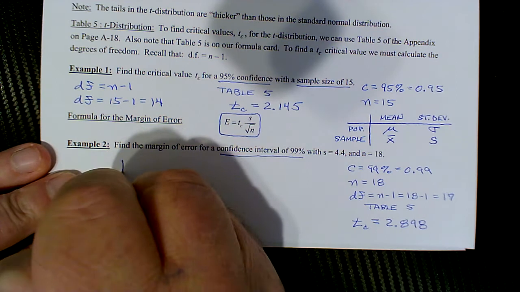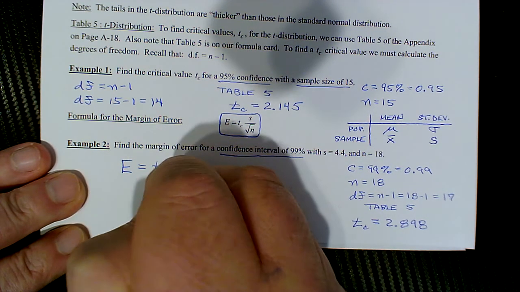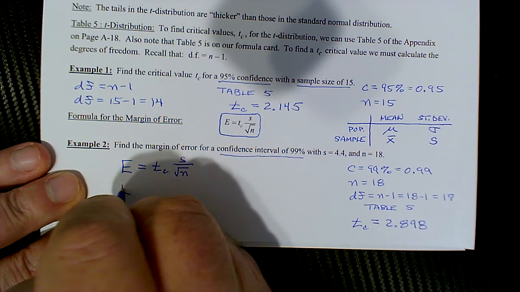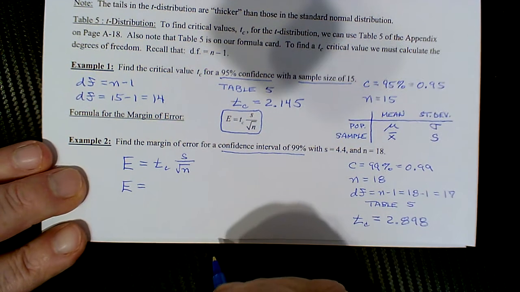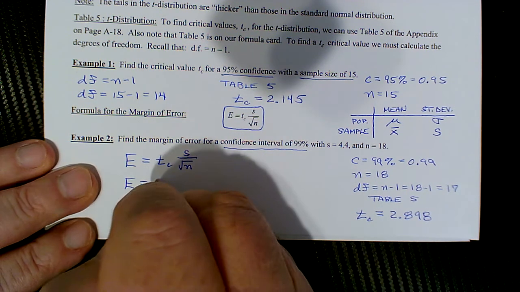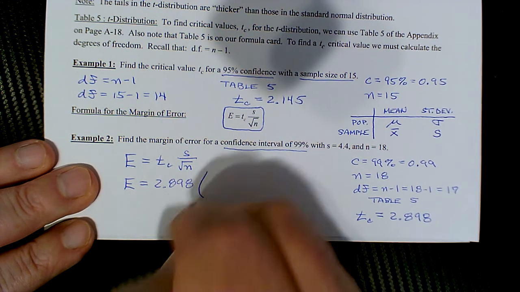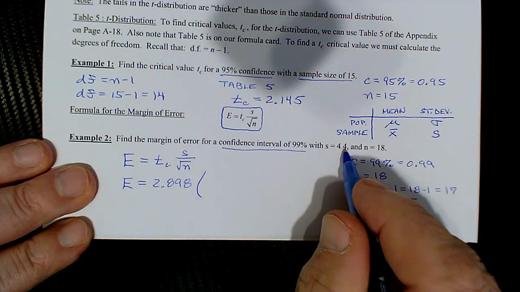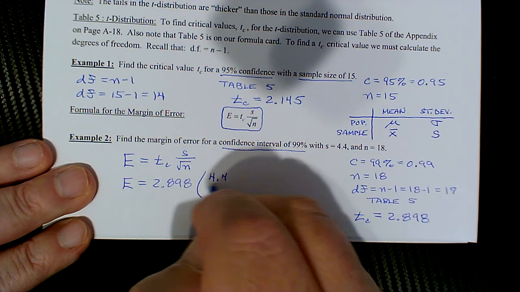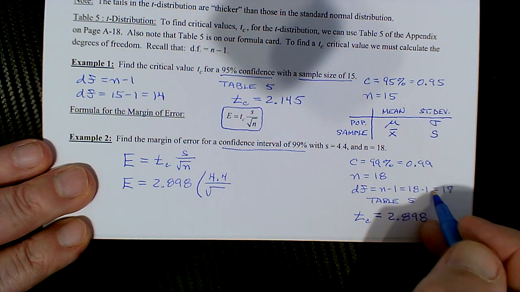and then the margin of error. You don't have to write down the formula, but it's kind of nice to do so to get used to the notation and the symbols we use. Okay, so E equals T sub C times S over the square root of N. T sub C, just plug in 2.898 times S. That was given to be 4.4 here, over the square root of N. And just make sure you put in N, not the degrees of freedom value.